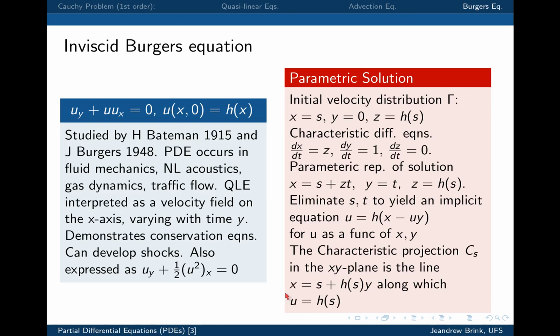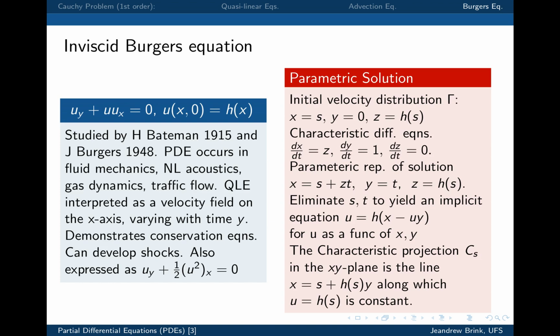What you can say is, one, this is the characteristic projection onto the xy plane, but you can also say along the specific line, u equals h of s is constant. In the case of the advection equation, the wave just continued to travel and remain constant along straight lines.